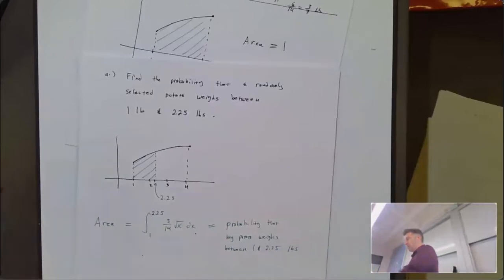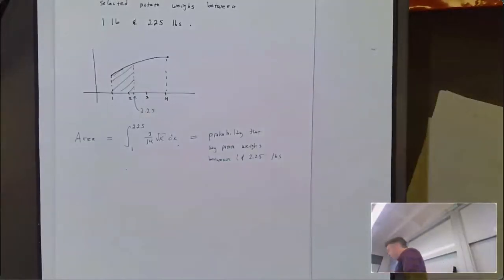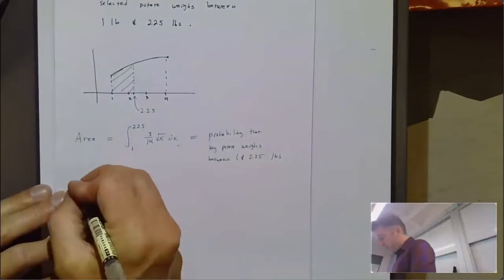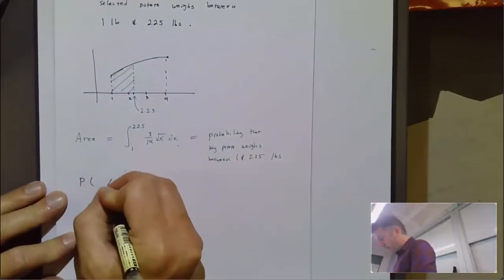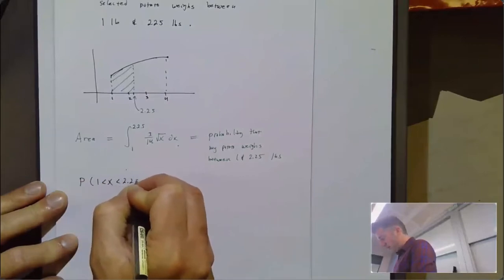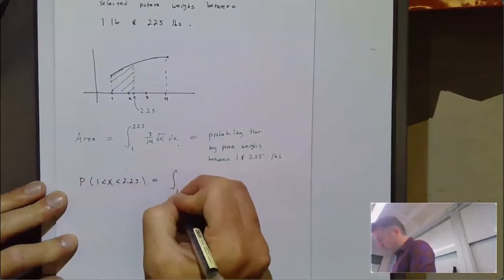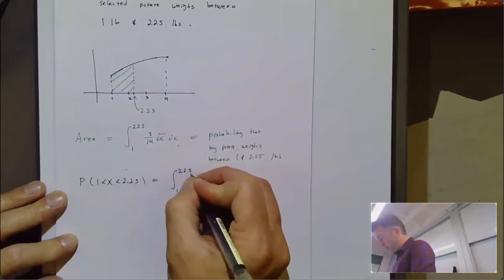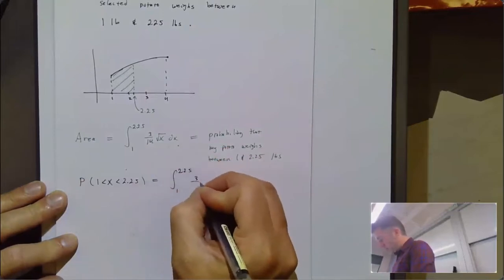Or written a little bit more succinctly, the probability that x, our variable, is between 1 and 2.25 is equal to the integral from 1 to 2.25 of your probability density function.